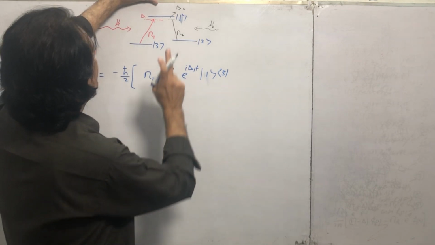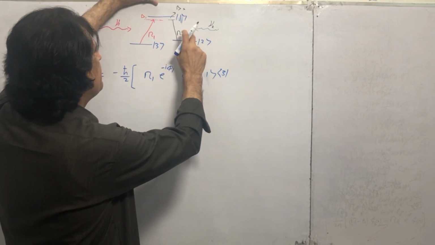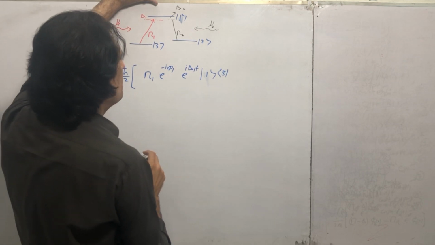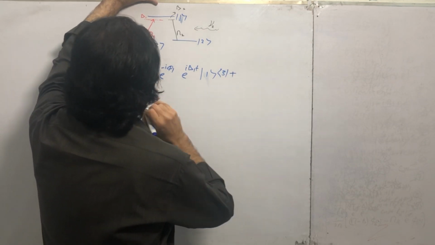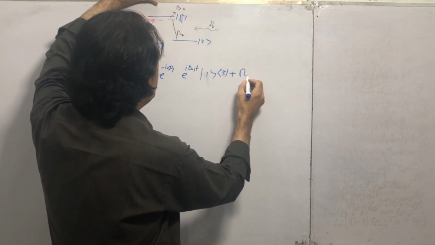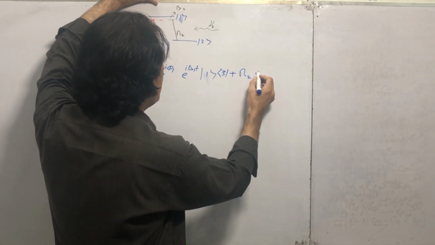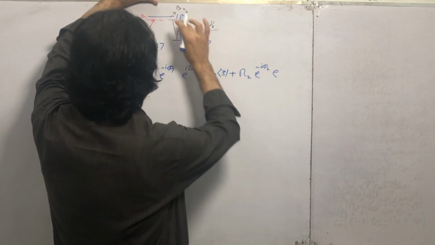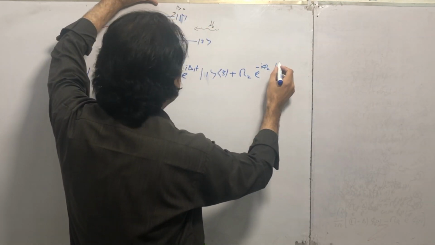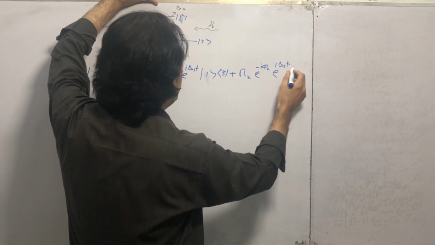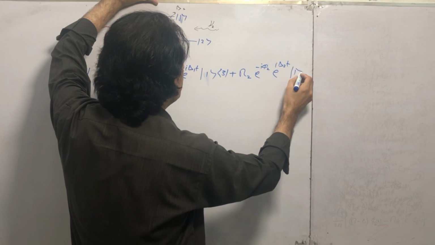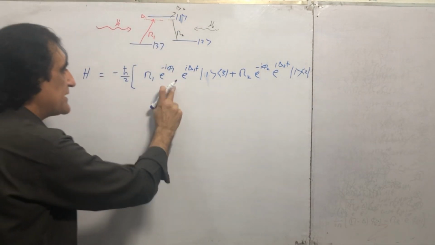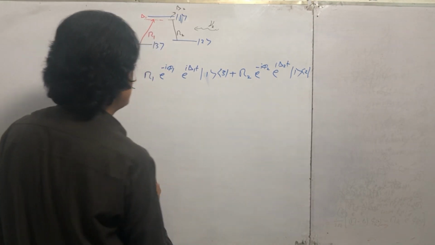And then the other field, ν2, which is interacting between 1 and 2, then we must have Rabi frequency Ω2. This must have some phase e^(-iφ2) and some detuning e^(iΔ2t) and |1><2|. And then the conjugate of this and the conjugate of this.